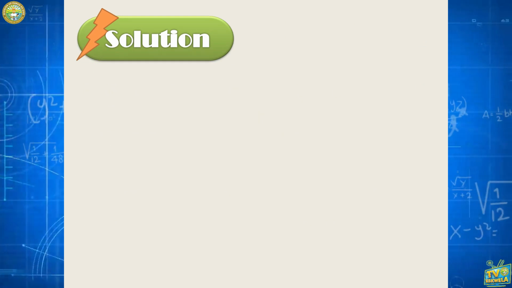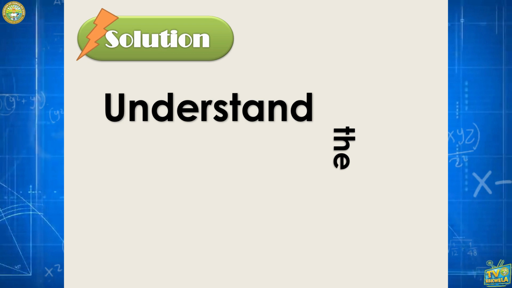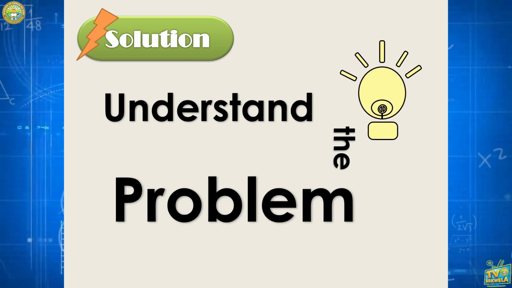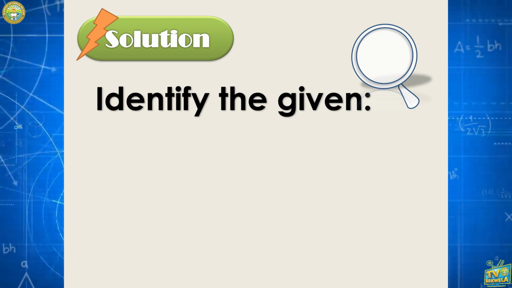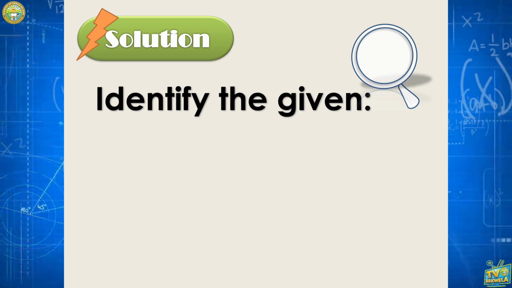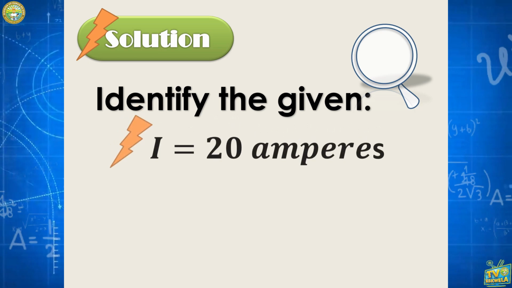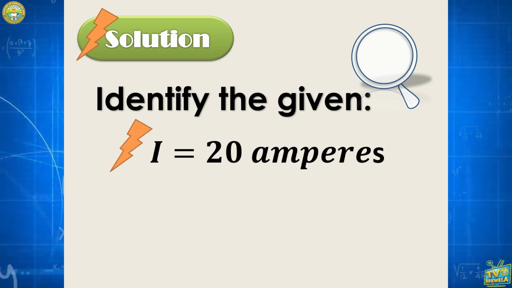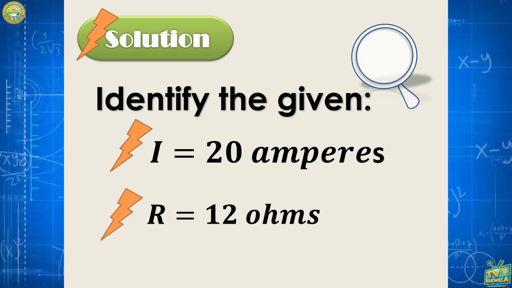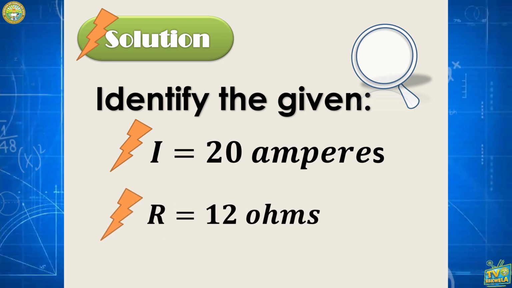To solve this problem, first, we must understand the problem. Then, identify the given. Based on the problem, I is equal to 20 amperes. R is equal to 12 ohms.